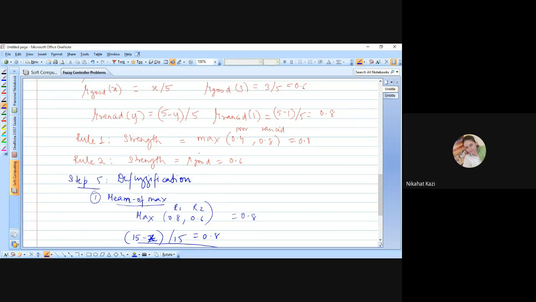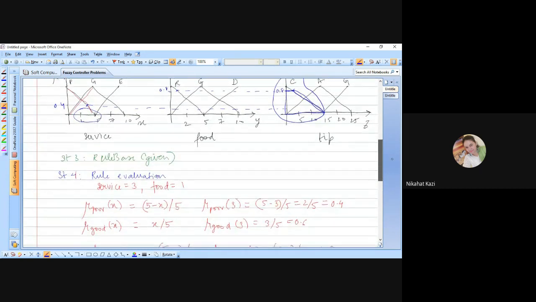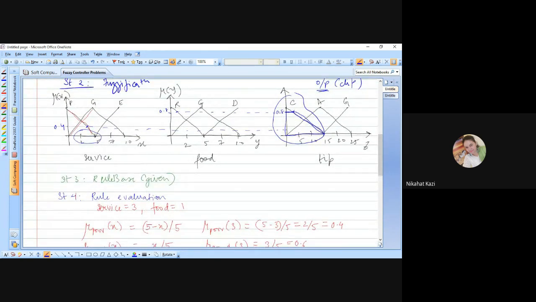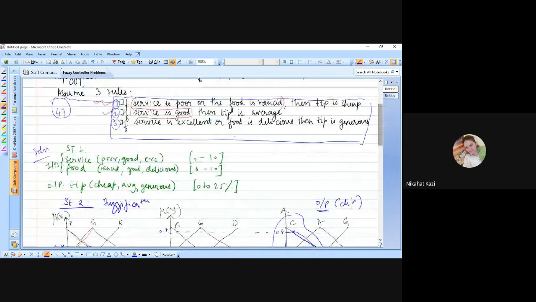But for centroid, you have to consider all the rules which are mapping and then take the overall output. You remember aggregation of all the outputs. You need to complete the aggregation of all the outputs. This is the first one. And apart from this, there will be some part of this 0.6, this one. When the service quality is good, then the tip is average.